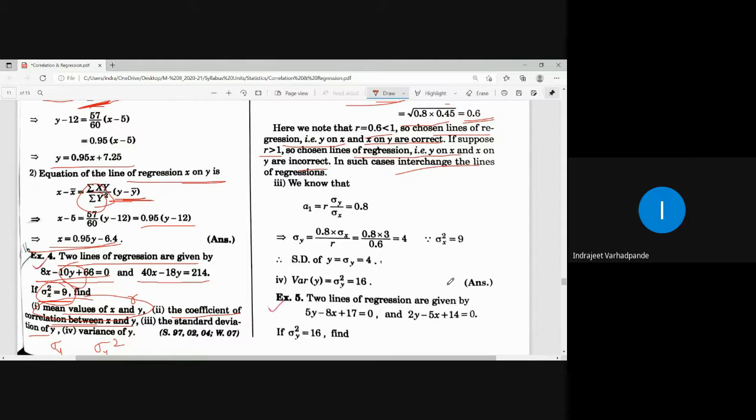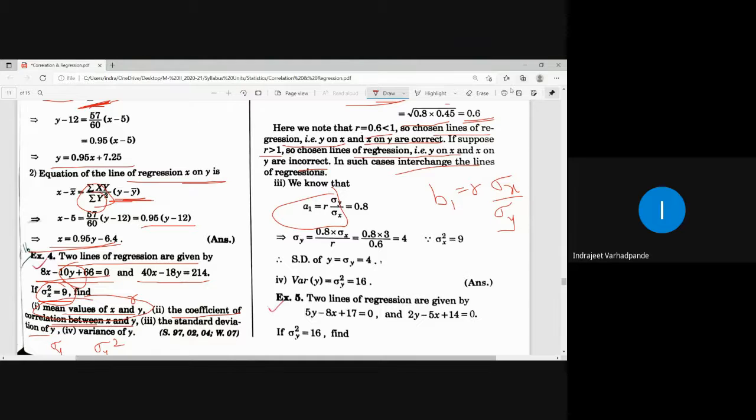Now take any of the formulas, either a1 or b1. a1 is equal to r into sigma y upon sigma x, right? Or b1 is equal to r into sigma x upon sigma y. Any one of the formulas you can take for the calculation of the remaining part, that is the variance and standard deviation with respect to y, because sigma x square is given to us.